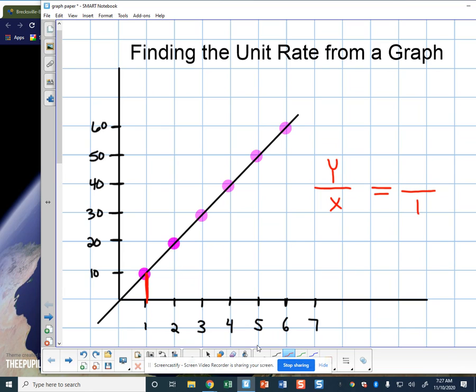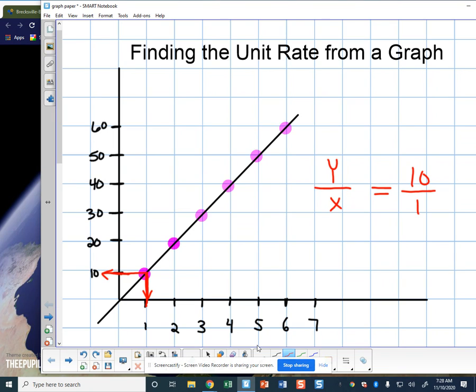So to get the y, you go up to where you strike the plotted part of the graph and then you slide over to the left, and this here will be your y. So you have an x and a y. So your unit rate from this graph would be 10 over 1.